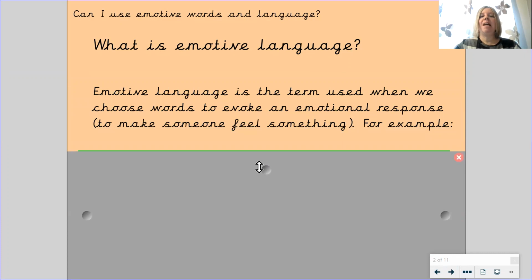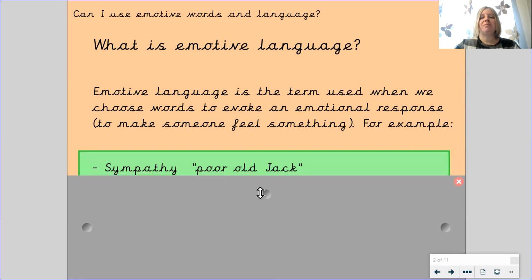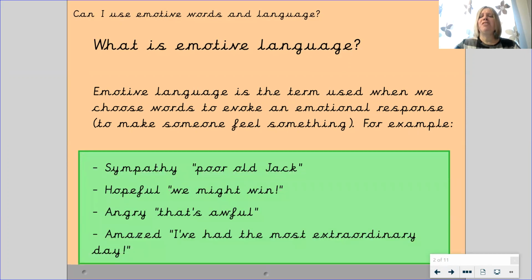Emotive language is the term used when we choose words to evoke an emotional response, to make someone feel something. That means that the person who is reading our work feels some emotional response. So we might feel sympathy. Poor old Jack. That makes us feel sorry for Jack.